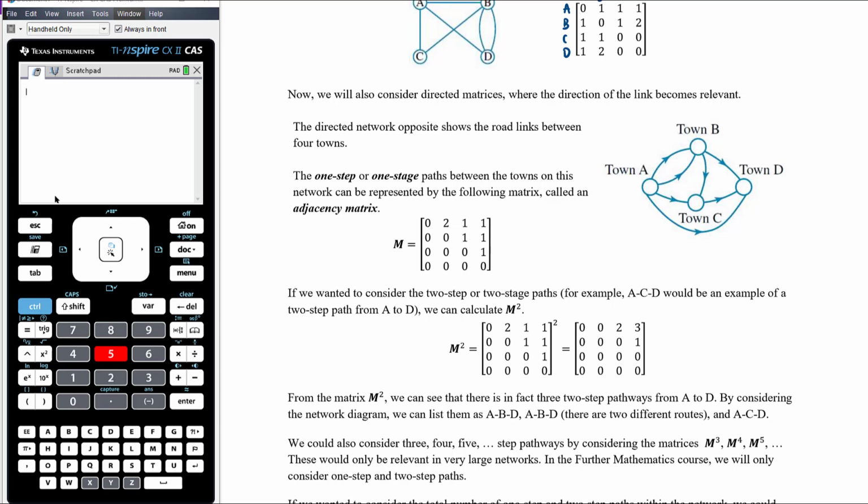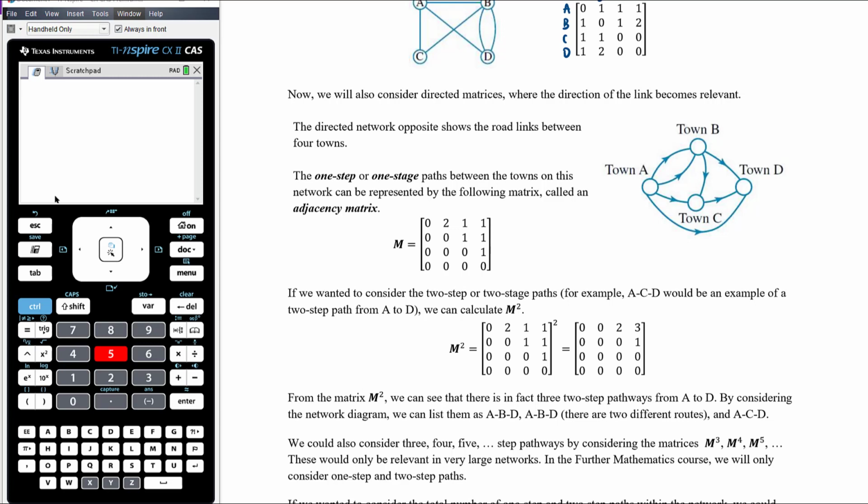We can't do it in 2 steps either in this case, but if it was possible to do it in 2 steps, that's fine, but it doesn't go in our one step or one stage. We call it the adjacency matrix. So an adjacency matrix is literally just representing one step or one stage paths between things.